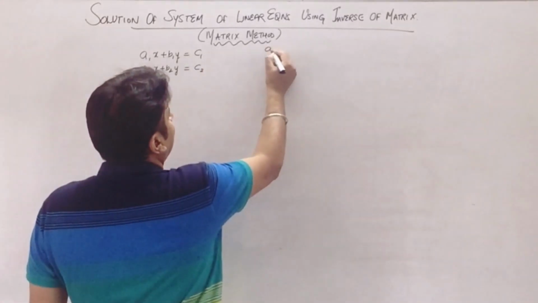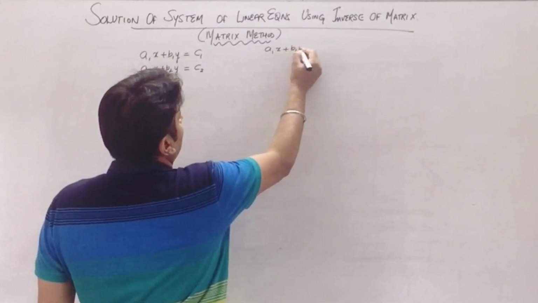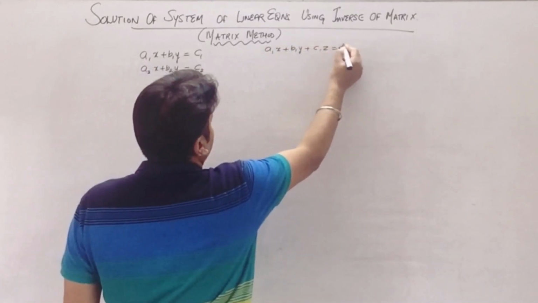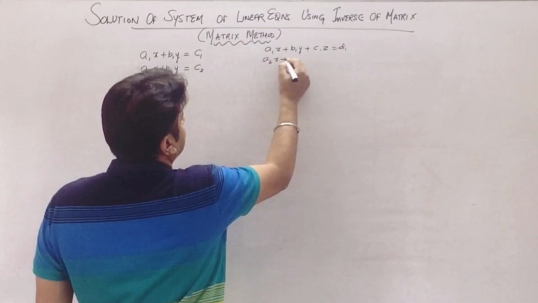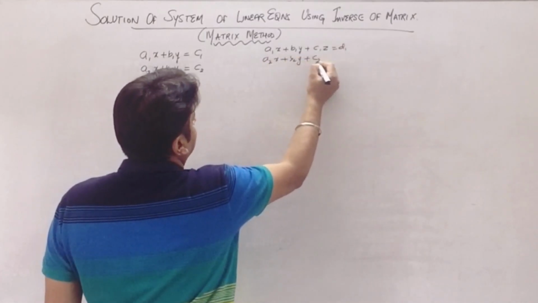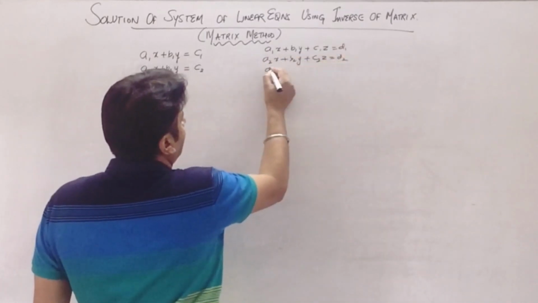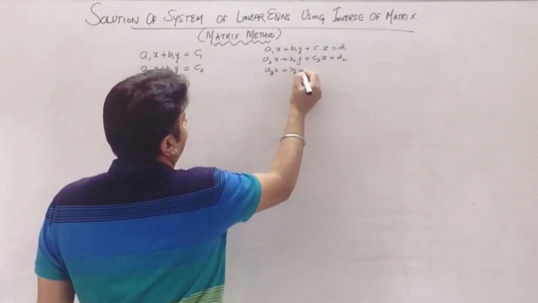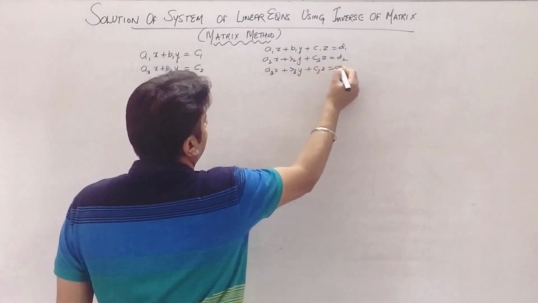Or you have a1x plus b1y plus c1z is equal to d1, a2x plus b2y plus c2z is equal to d2, a3x plus b3y plus c3z is equal to d3.